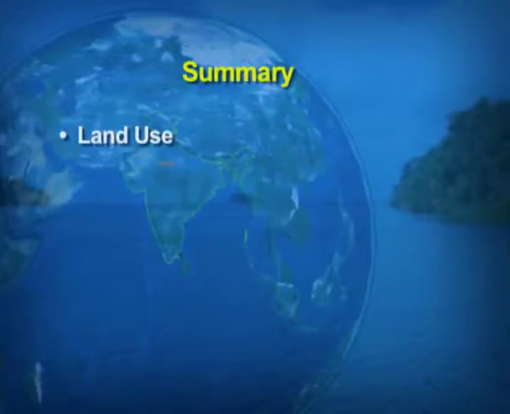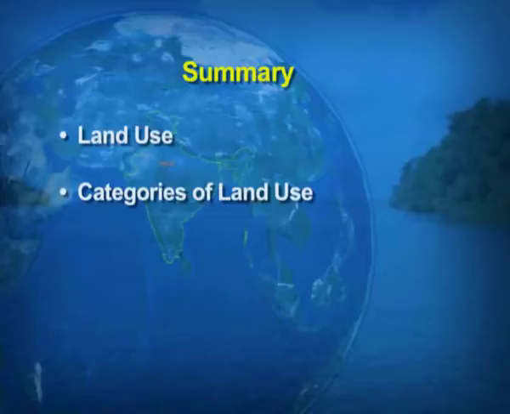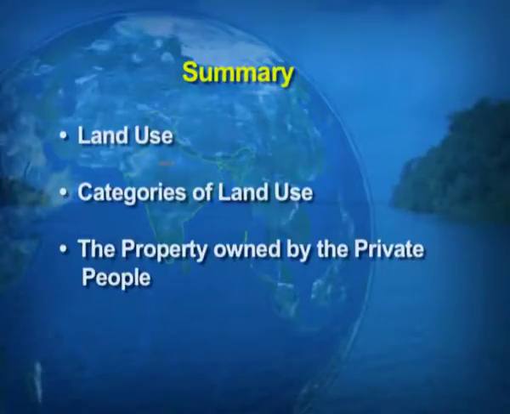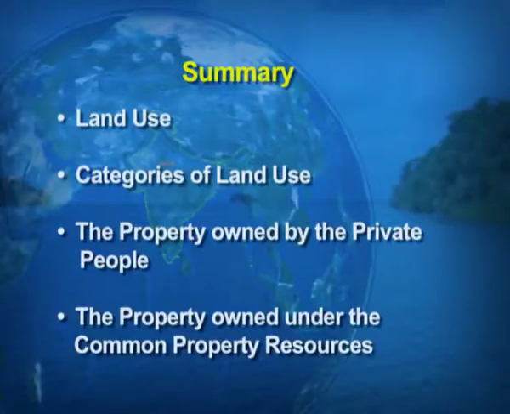So, dear children, right now we have discussed what is land use, what are the categories of land use under which the land is put, and we also talked about the property which is owned by private people and the property which is owned under the common property resource.